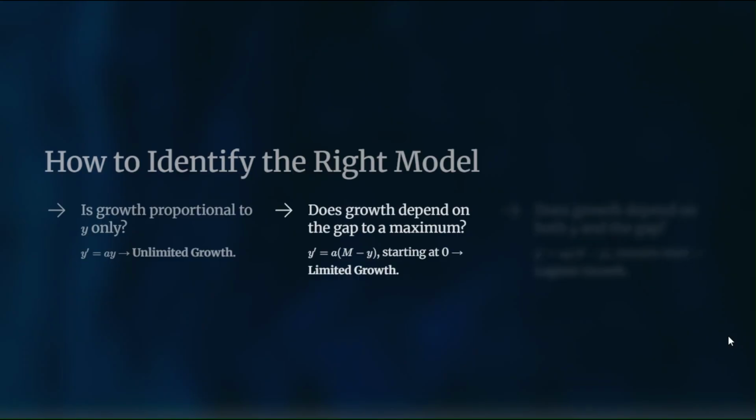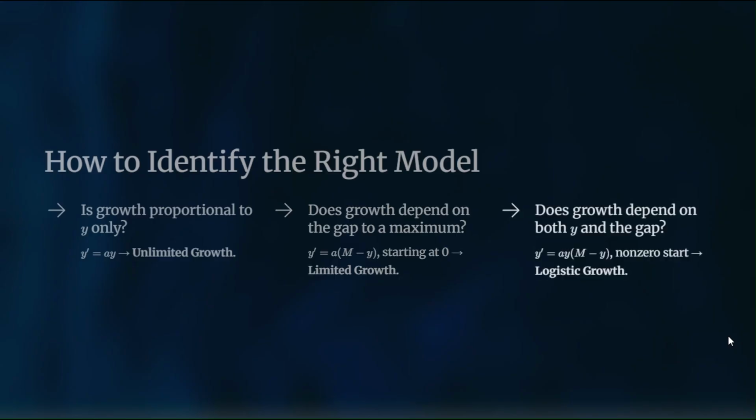Then that would be an example of limited growth. Or does growth depend on both the current size and the gap? If that is so, the differential equation will look like y prime equals a times y times (m minus y). And if you have a non-zero start, that will be logistic growth.